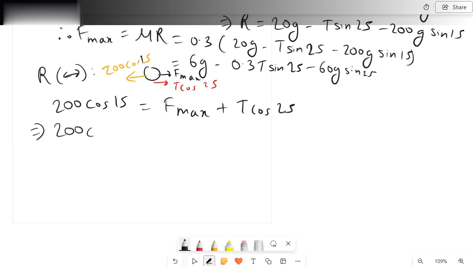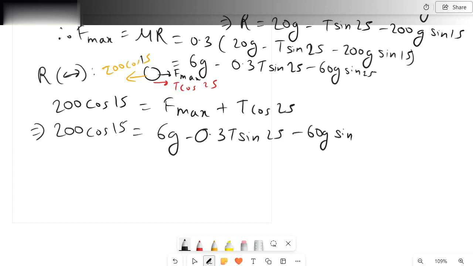Therefore, substituting the value for F max, we have 6g minus 0.3 t sine 25 minus 60g sine 15 plus t cos 25.